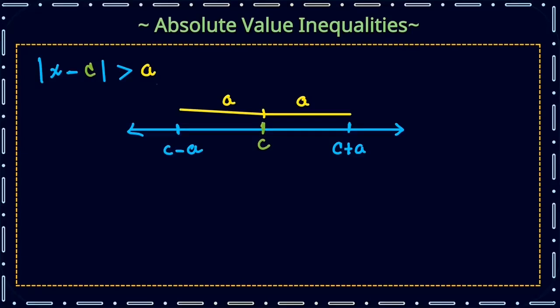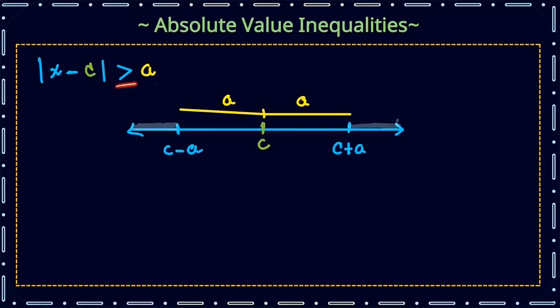Since we want the distance to be more than a, then x is not allowed to be in this interval. It is outside of the interval. Therefore, the solution is from c plus a to infinity, or from negative infinity to c minus a.